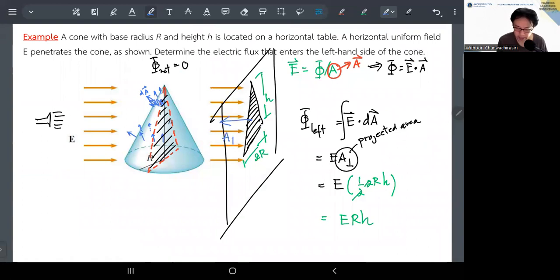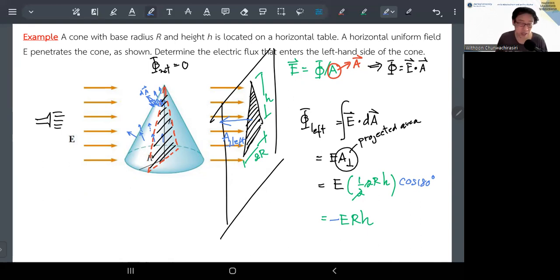Let me call this A left perpendicular: the A that is perpendicular to the electric field, but on the left side of the cone. So the angle between E and the left side surface area is 180 degrees, and it's going to be cosine 180. You guys with me? So it has to be negative flux, which makes perfect sense because flux is entering the cone. We already agreed last time: if electric field is entering the closed surface, it's a negative flux.